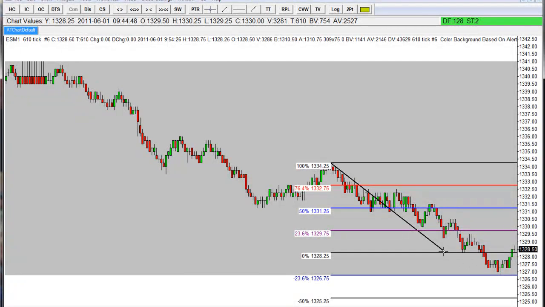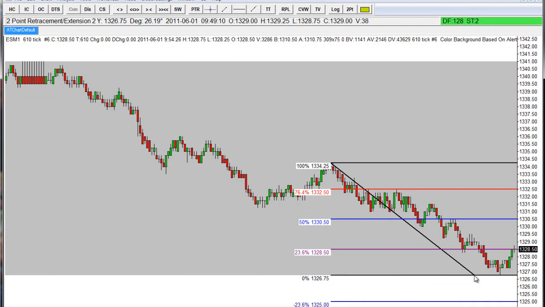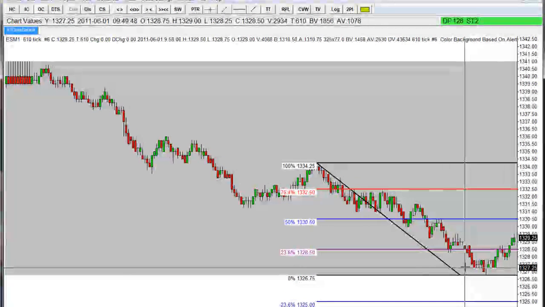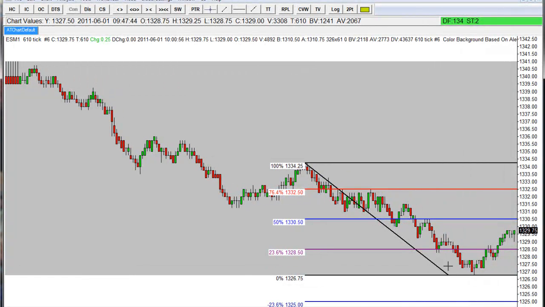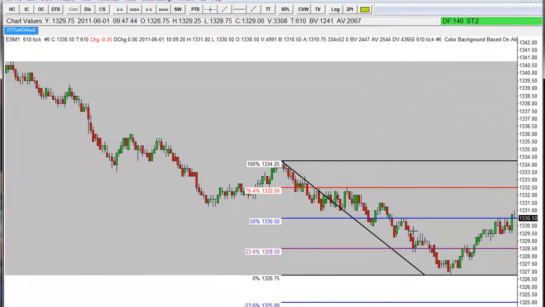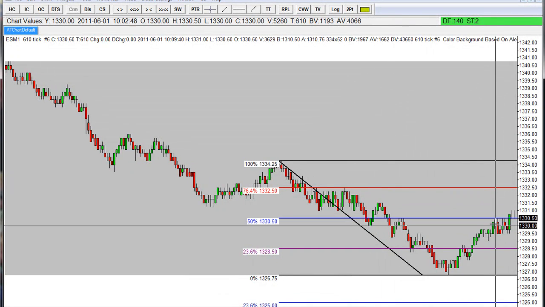Continues to move. Continue to move the 0% line. Okay, and by this time, as you can see, the distance between the 50 and the 76.4% is 2 points. So I wouldn't be taking any trades. So I wouldn't be taking this trade.